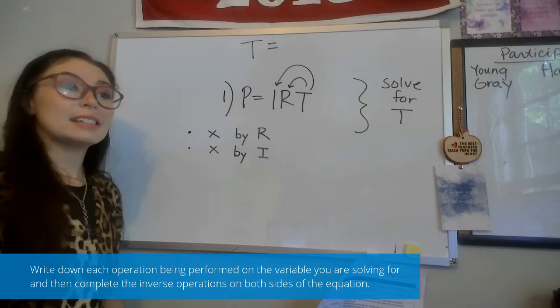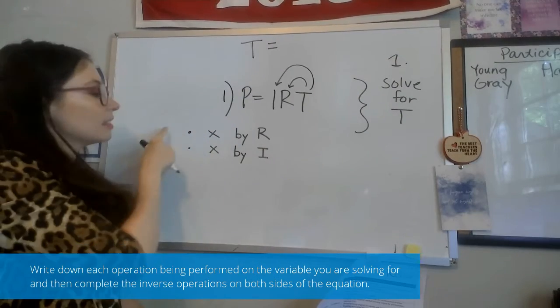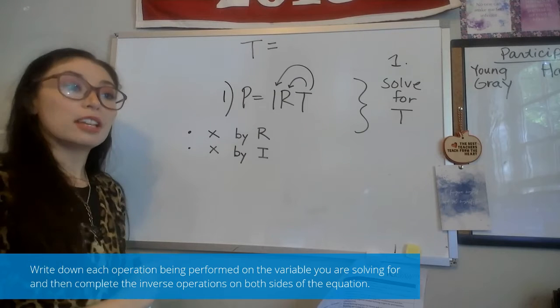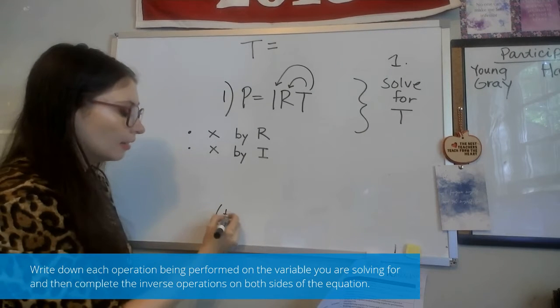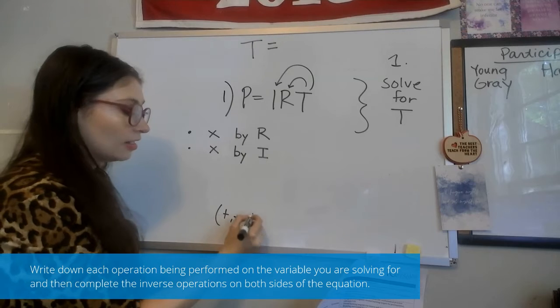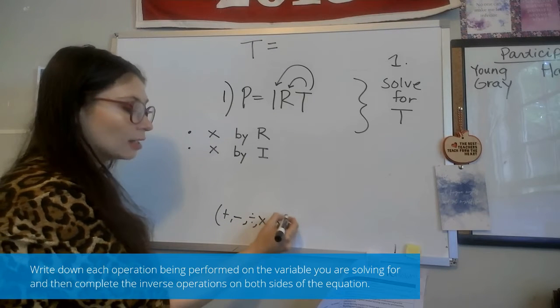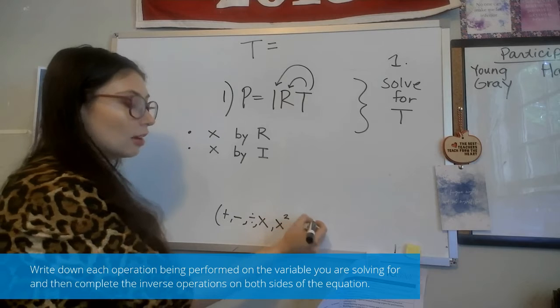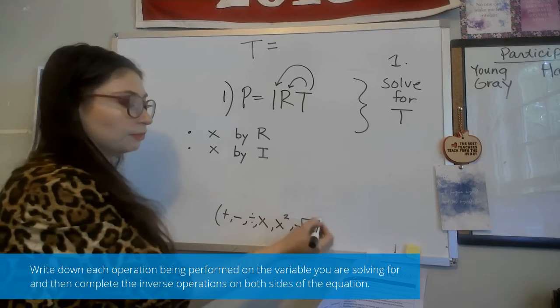Now our second step is to list every operation, and by operation I mean add, subtract, divide, multiply, raise to an exponent, take the square root of, or some other type of mathematical symbol.